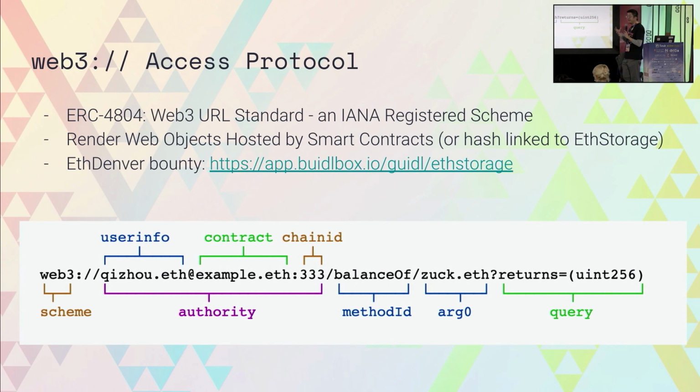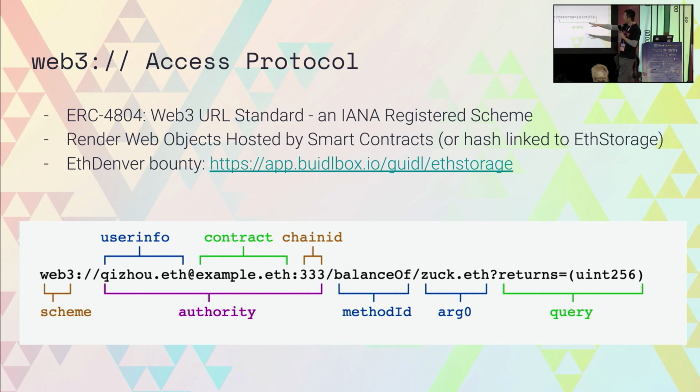And with the data that is now available in the layer 2 storage network, how are we able to access it? That's why we propose the Web3 Access Protocol. It's defined in ERC 4804, which was finalized yesterday. So very good timing. And it's also registered at IANA. Its basic idea is similar to HTTP, but instead of locating centralized resources, it locates decentralized resources hosted by smart contracts, and it also supports multi-chain.